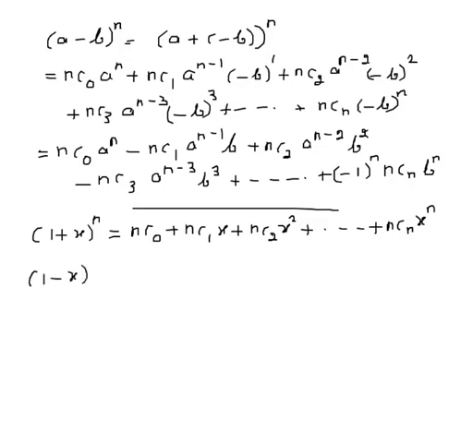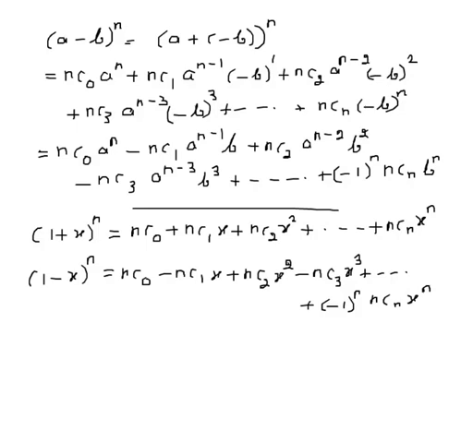The expansion of 1 minus x whole raised to n will have alternate positive and negative signs. nC0 minus nC1 x, because x is negative, that minus sign I have written as minus nC1 x. The next term will be positive. Next term becomes negative, etc. The last term's sign depends upon the value of n. So minus 1 whole raised to n, nCn x raised to n.